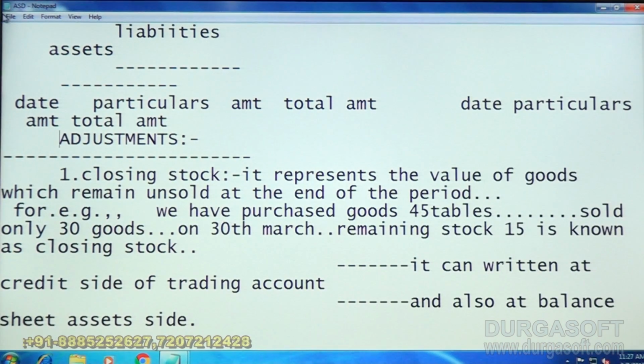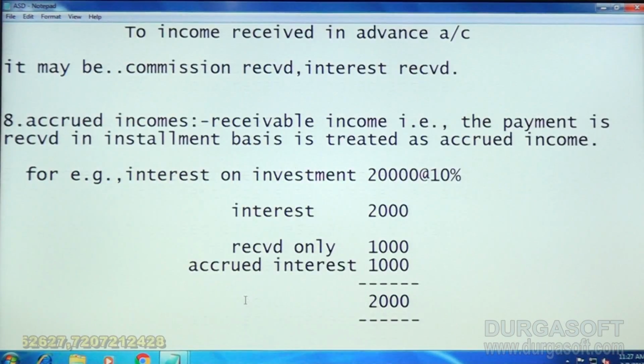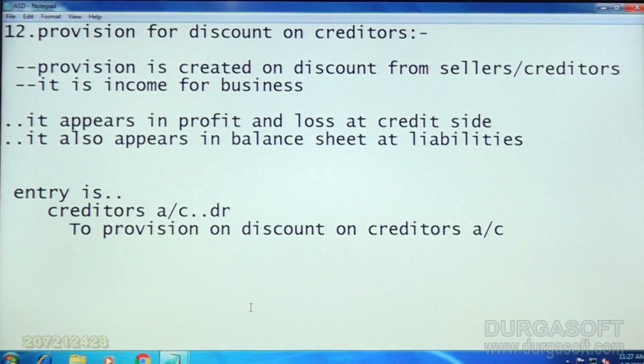After that only we will be able to do our final accounts. So these all are the adjustments which we have completed, and next we can see the final accounts, how we will face the problems, what the adjustments are and how to write the entries for all those.